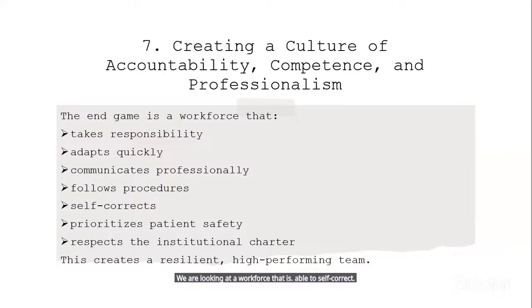We are looking at a workforce that actually prioritizes patient safety. And finally, we are looking at a workforce that respects institutional charter. Consequently, this actually creates a resilient, high-performing team.